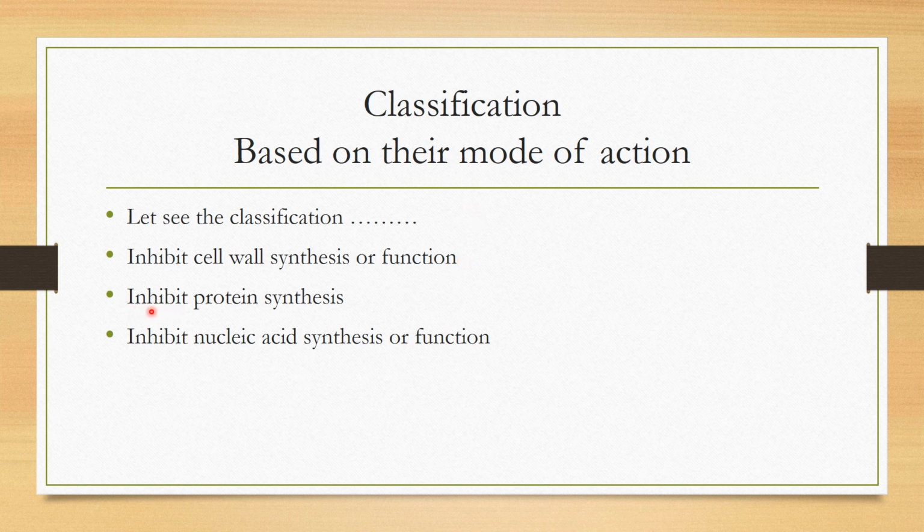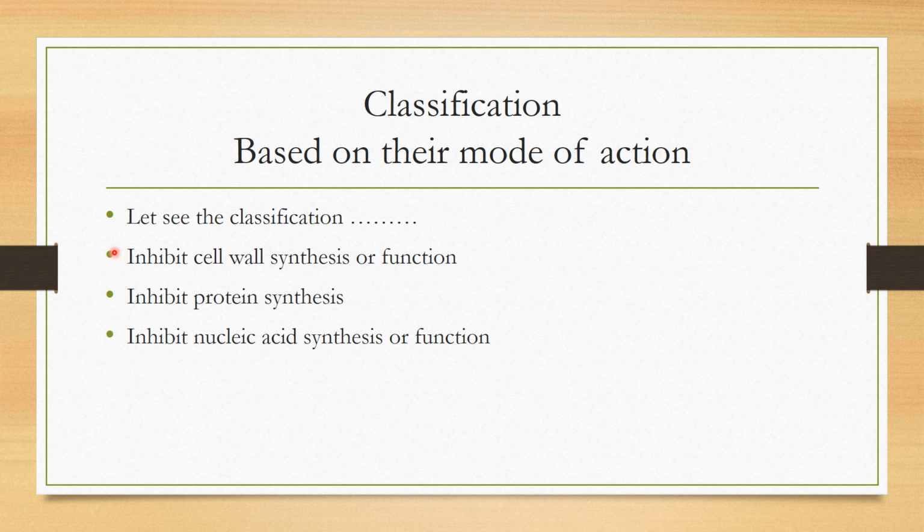They may also control the bacteria by inhibiting their protein synthesis, or they may inhibit the nucleic acid synthesis or its function. So based on their mode of action, they are classified into various classes.